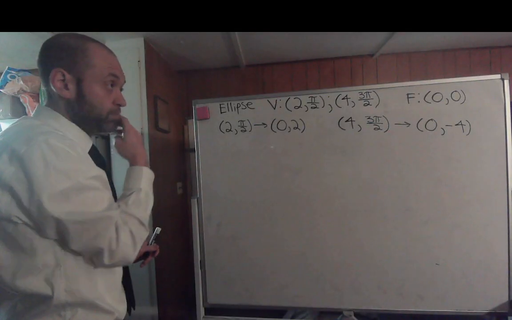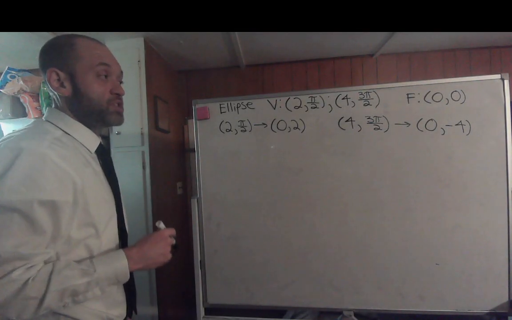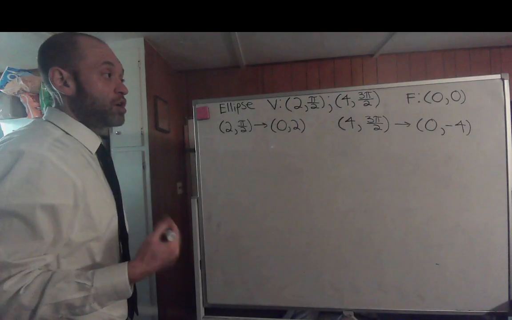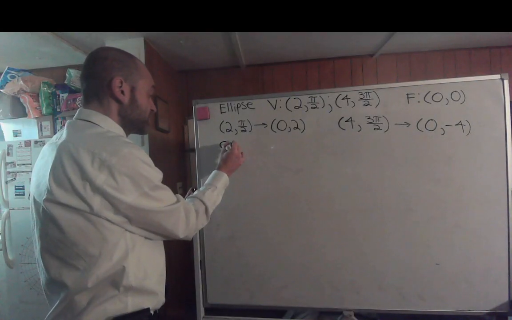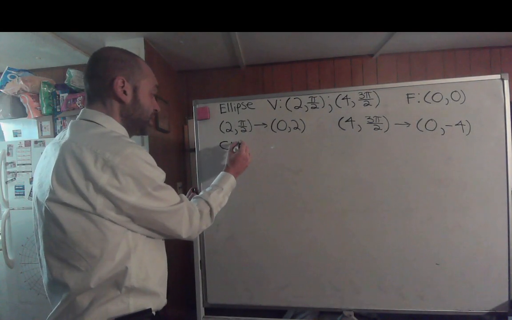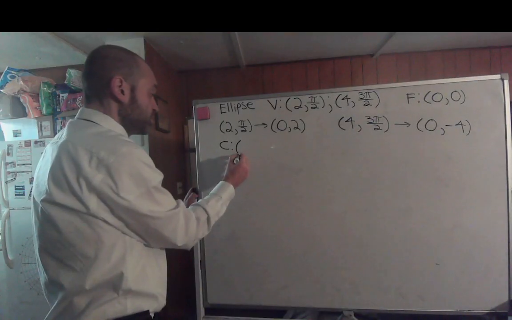Well, next thing you want to do is find your center. Always start out by finding your center next. So we're going to use the midpoint formula between these two coordinates.